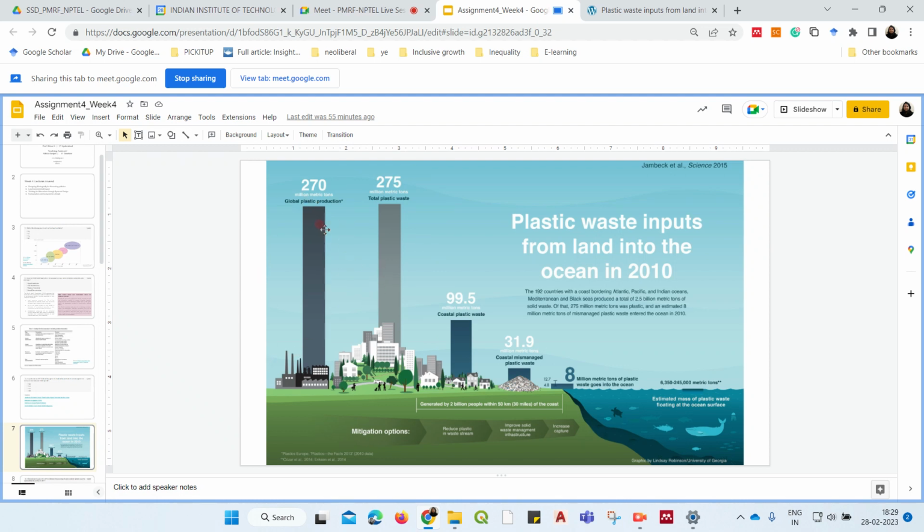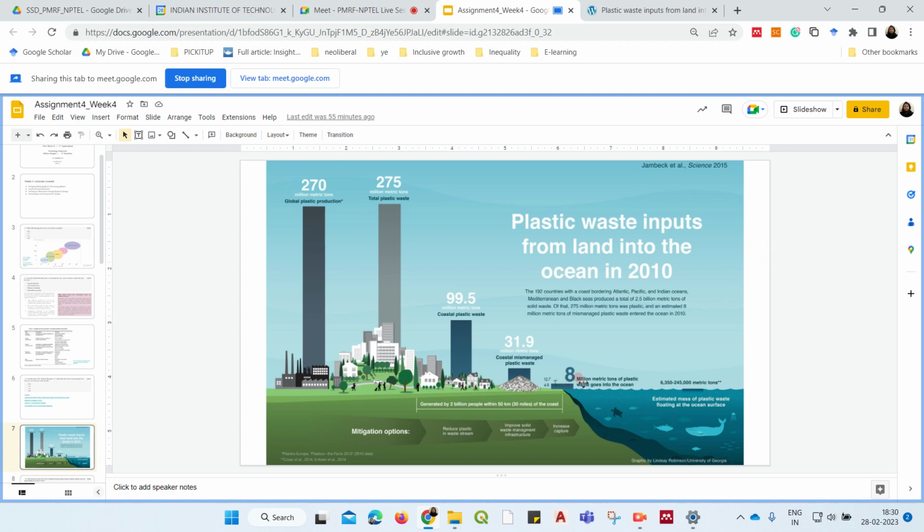This is the one which is produced for consumption by the consumers, and this is what is produced as a waste at the end of the life cycle of the product. This is 99.5 million metric tons. This is what ends up on the coasts as coastal plastic waste. 31.9 million metric tons is what ends up as coastal mismanaged plastic waste. And then 8 million metric tons is what then ends up going into the ocean.